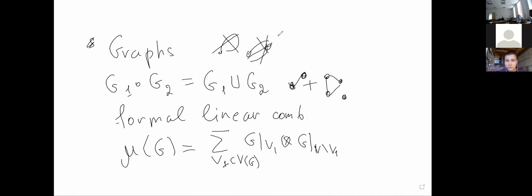We have also chord diagrams. The multiplication of chord diagrams is like this. We have two chord diagrams. We want to multiply two chord diagrams and we obtain a new diagram as follows.